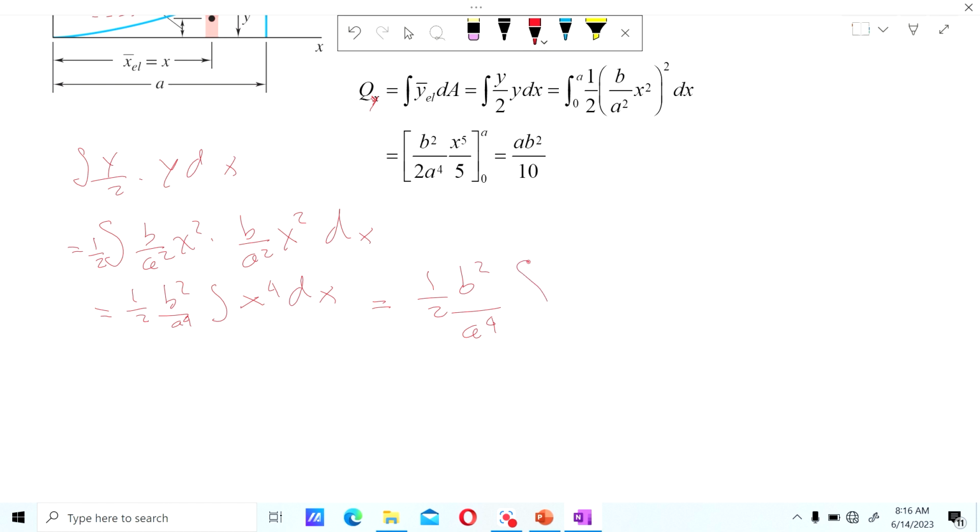It's not an integral anymore; we can actually integrate it and get x to the 5th over 5 from 0 to a, because we're in terms of x.